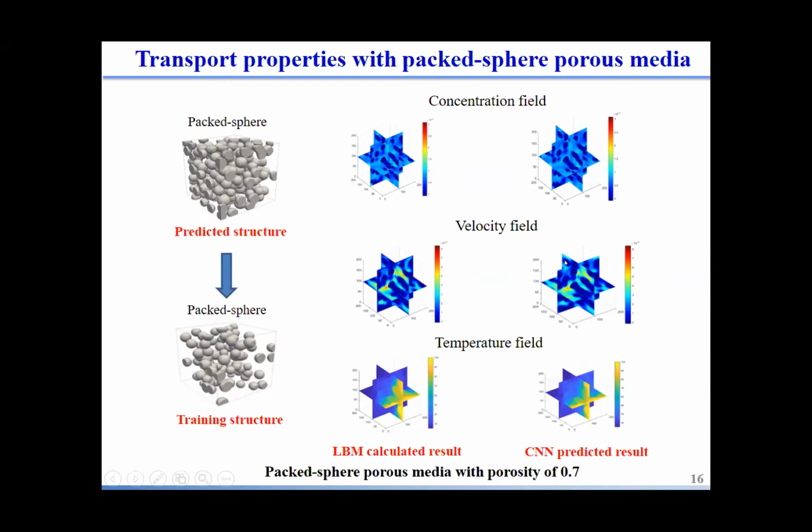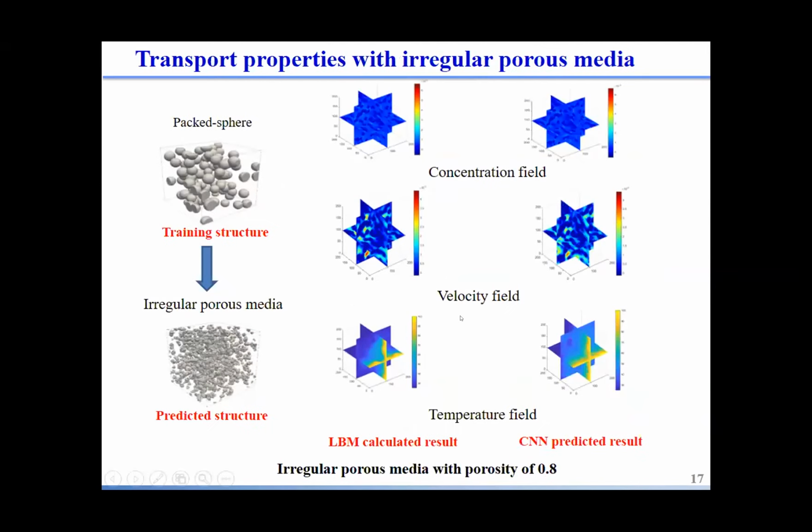And this is predicted by the CNN results. And these CNN results become the training samples for predicting other structures.